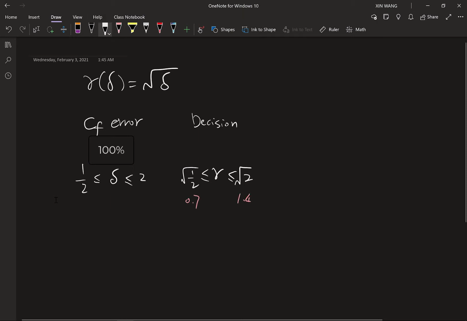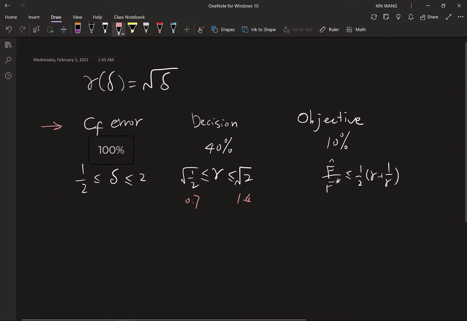So the impact on the decision is around 40%, and the impact on the objective, in this expression, is around 10%. That indicates the sensitivity for the parameters is even lower than the sensitivity of the decision variable.